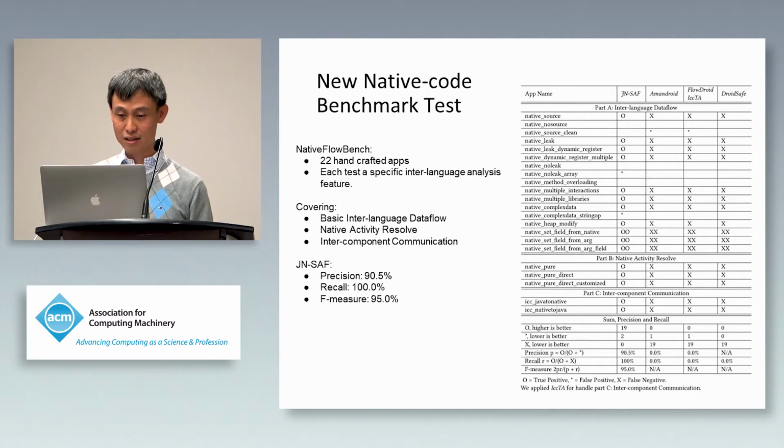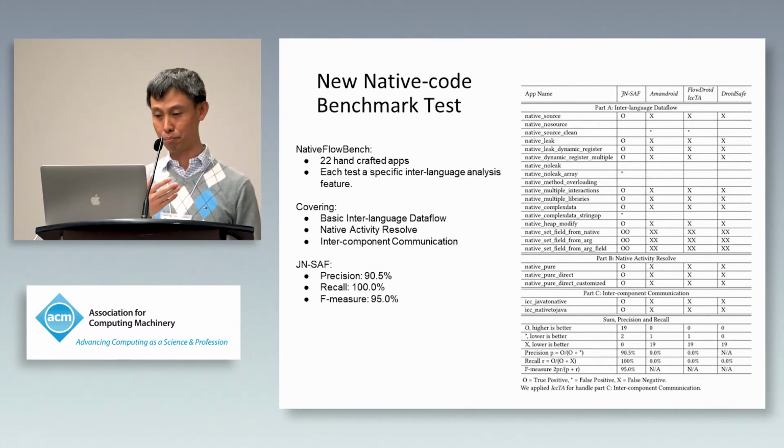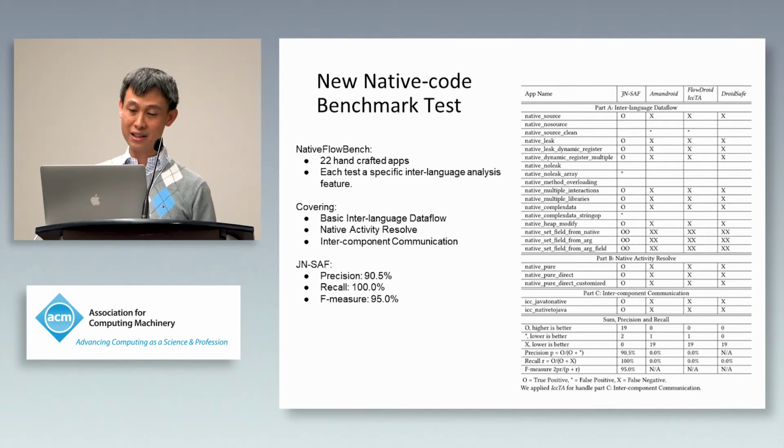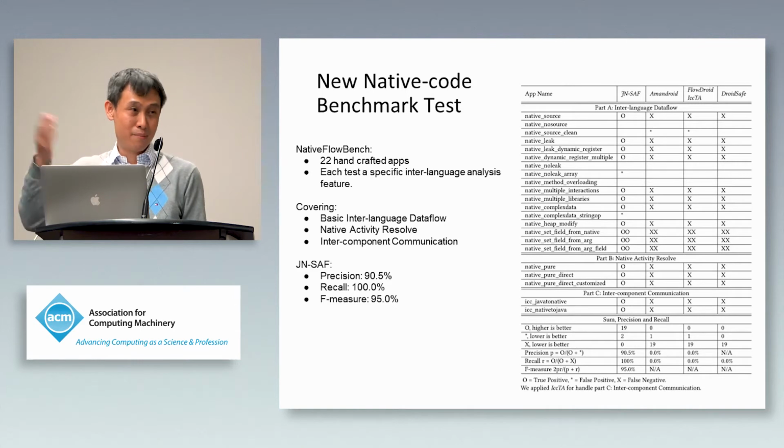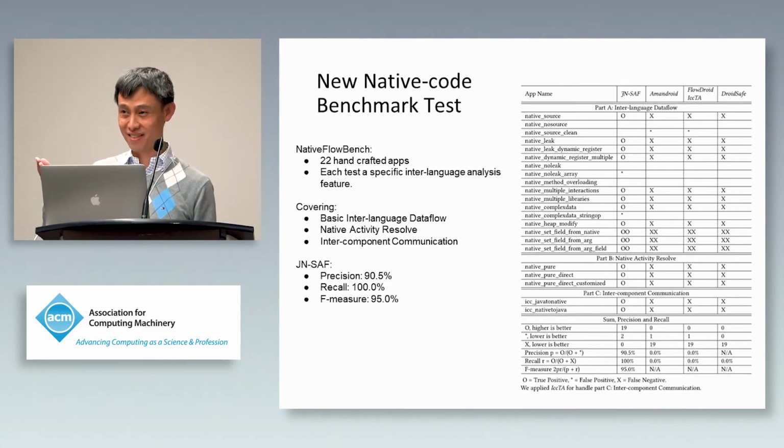A star is a false positive: there's no problem, but the analyzer mistakenly thinks there is. The result is not really surprising because none of the other tools, Amandroid, FlowDroid, IccTA, or DroidSafe, is designed to handle native code. We just wanted to see, maybe by surprise, if they could, but not surprisingly, none of those tools can handle native code.